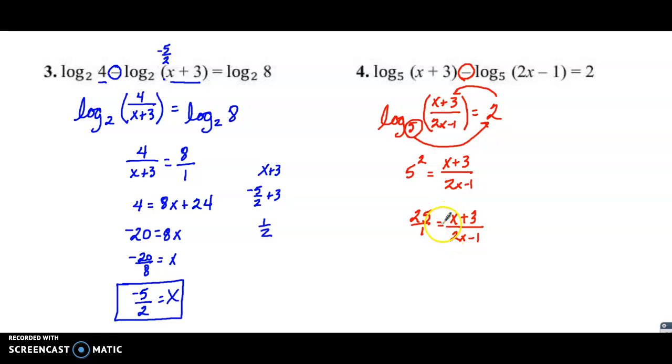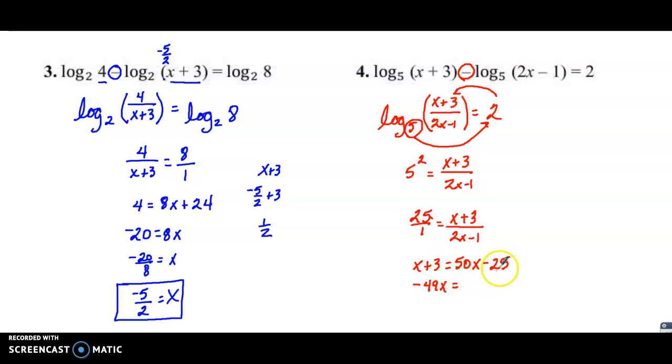And now when I do my cross multiplying, 1 times x plus 3 is just x plus 3. 25 times 2 gives me 50x. 25 times negative 1 is a negative 25. So when I move my 50 over, that gives me a negative 49x.